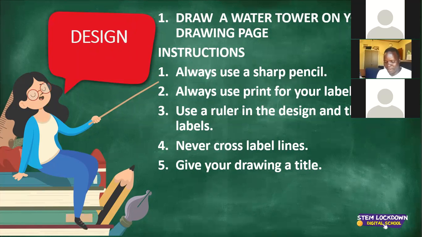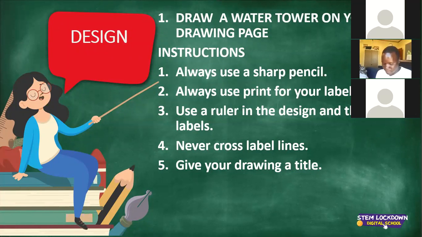Maybe there is the example that I'm giving you here on my side. Maybe it looks like this. Your tower might look like this, depending on your space, on your specification, but you must use the ruler to draw the lines. And then on top is the water tank. It must be the water tank on top here.